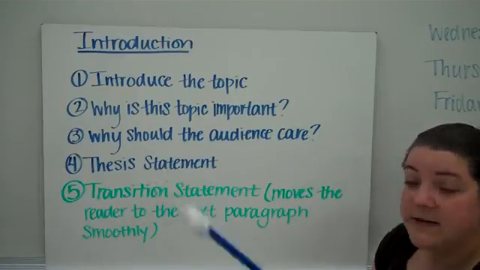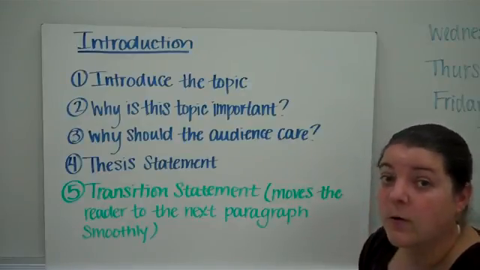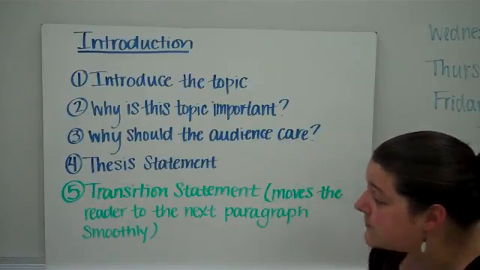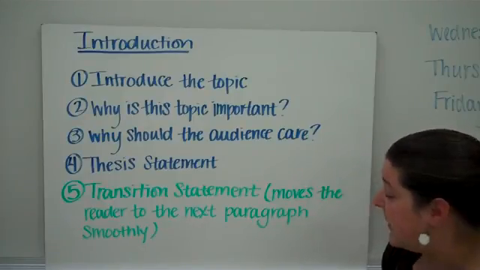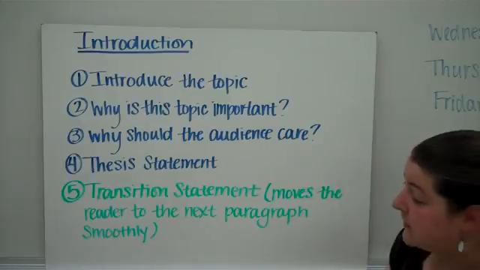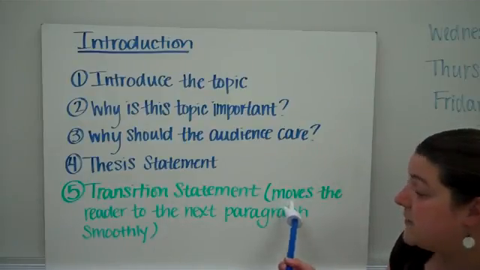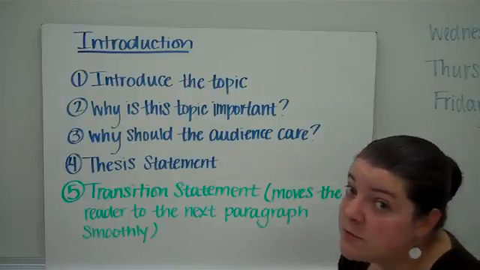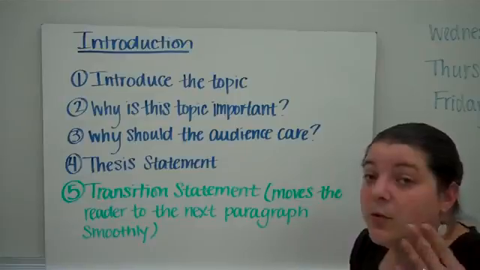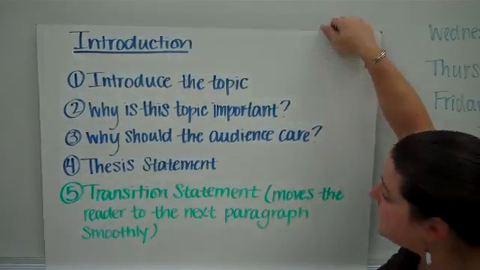And then you're going to have your thesis statement, and that's where you're going to provide your stance. Then at the very end, you'll have a transition statement. And of course you'll notice it's a different color. What that transition statement is going to do is move your reader to the next paragraph smoothly. Okay? It's going to bring your thoughts from one thought to the next. It's going to bridge it.